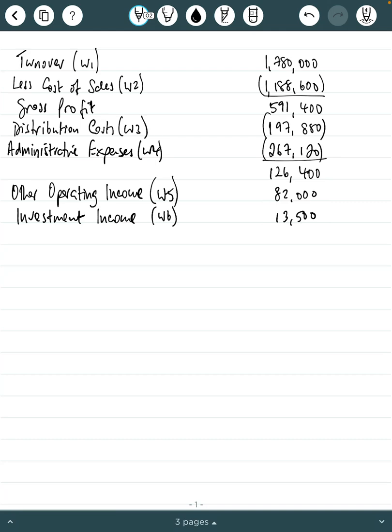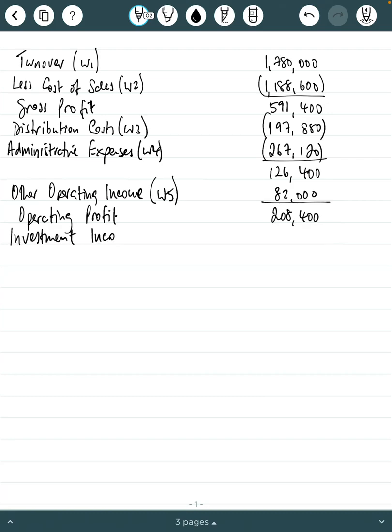So next is then your profit on sale of land. Ooh, did I forget to put in operating profit there? I did. Give me one sec there, lads. Apologies. Okay, operating profit there. That together gives you 208,400. Now I can put in my investment income. Layout is very important, boys.